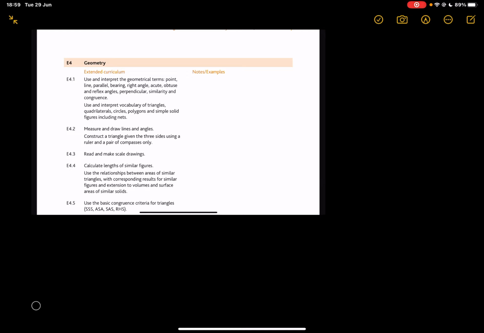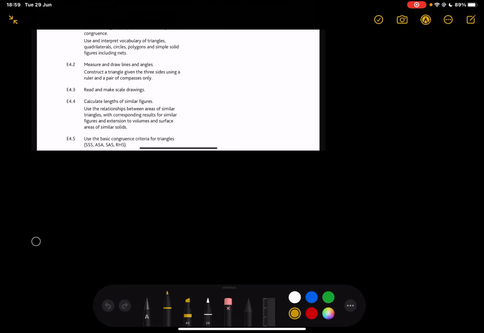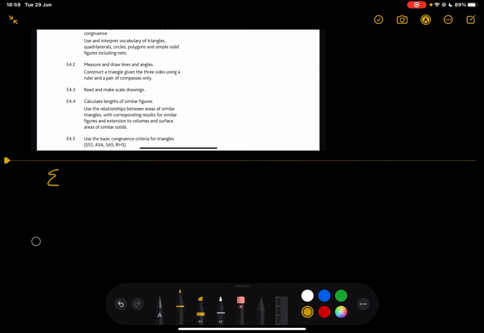Okay, so the first point says, use and interpret the geometrical terms. Point. A point is literally that, and it has coordinates of x and y.